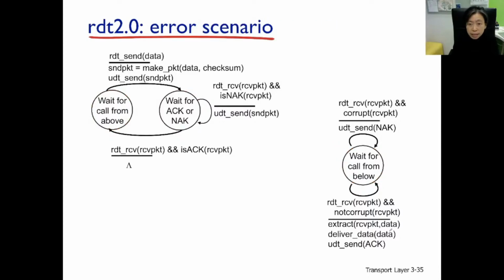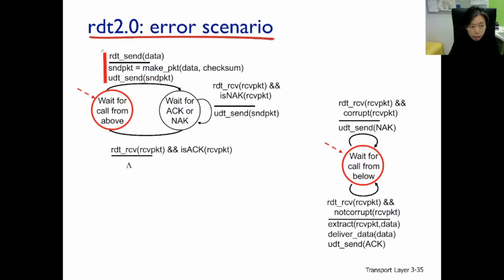The next example is more interesting, where there is error. Similarly, sender starts from wait for call from above state, receiver starts from wait for call from below state. There's a call coming in, generating the packet, and sending the packet out through the network layer. Straightforward.